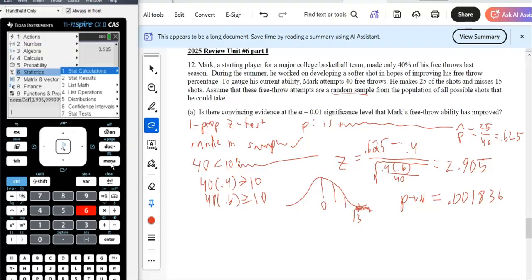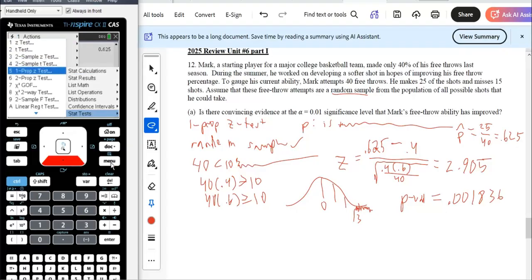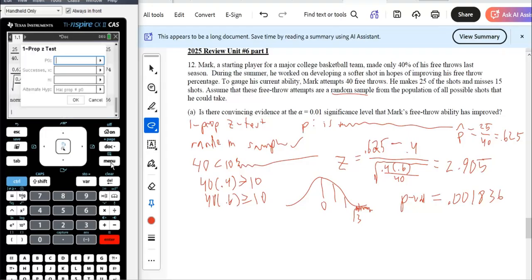So let's do the whole test in our calculator just to make sure we did everything right. So menu 6, this is a test, so it goes number 7 and 1-prop z-test. So the null is 0.4. Our sample was 25 out of 40. I'm glad I did this because I didn't think about the fact that I should do the alternate and null first.